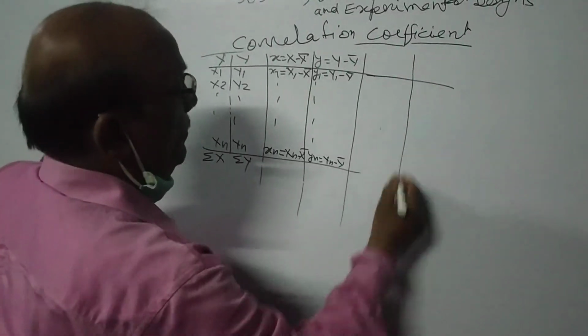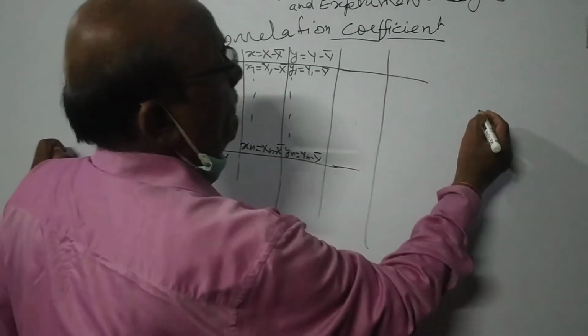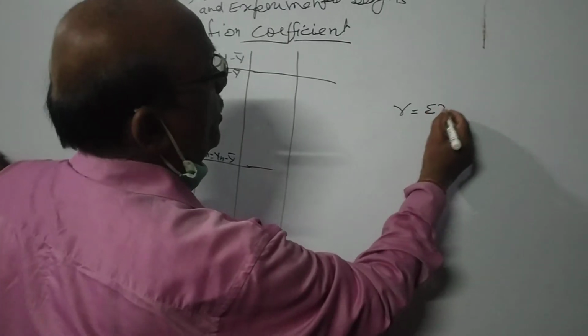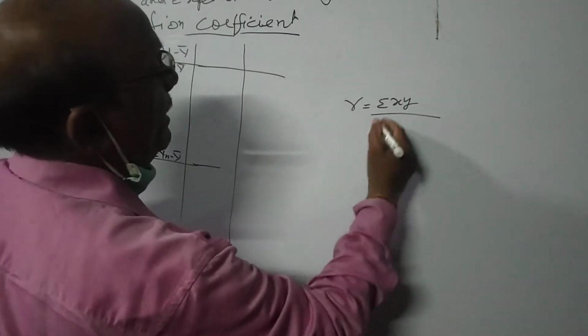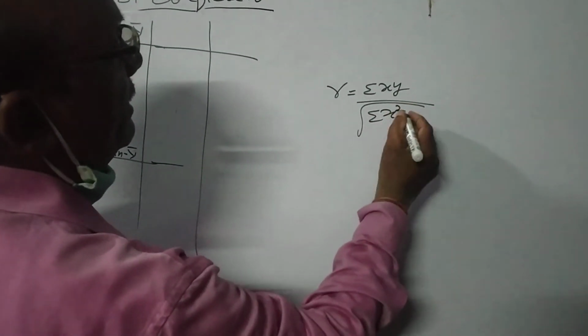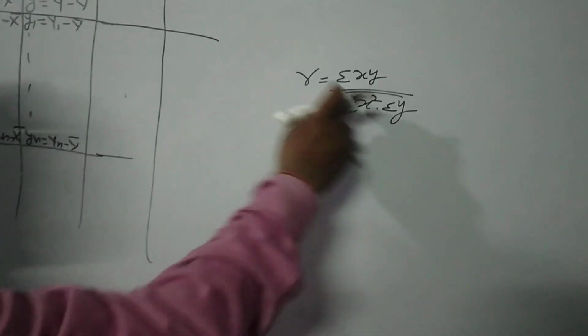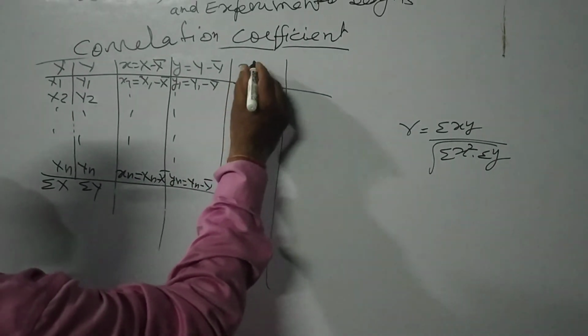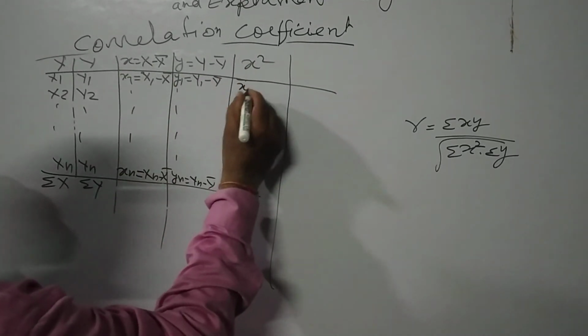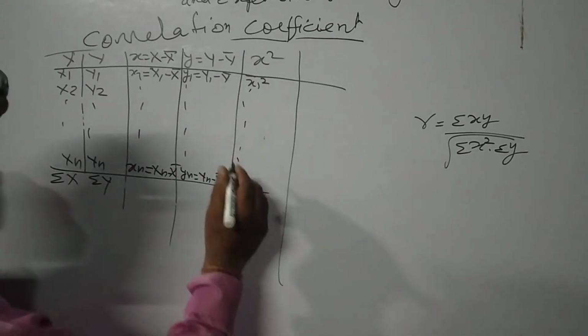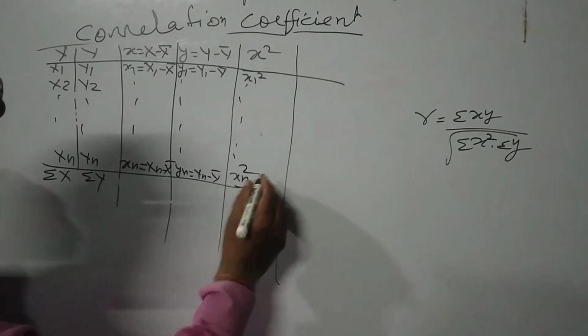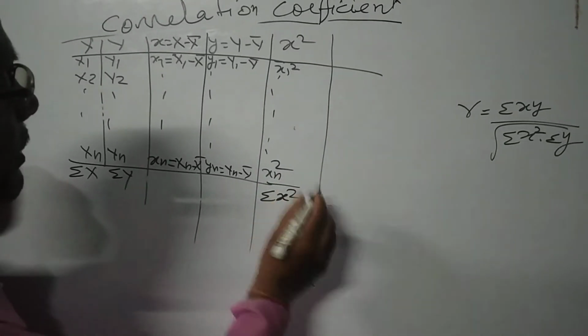First we put in the formula: r is equal to summation xy upon the square root of summation x square into summation y square. Now we calculate x square: x1 square up to xn square, and this is the summation x square.